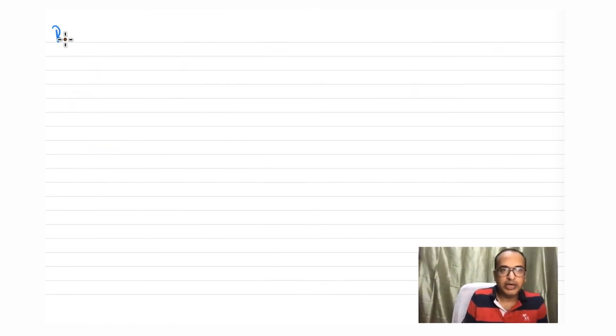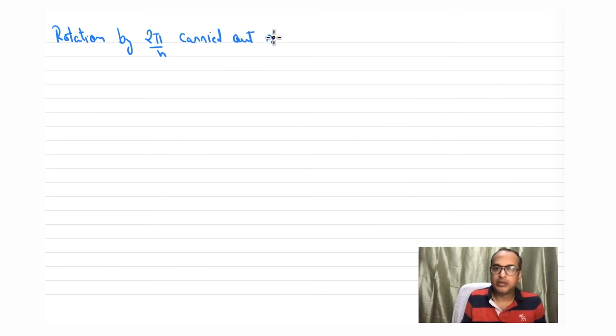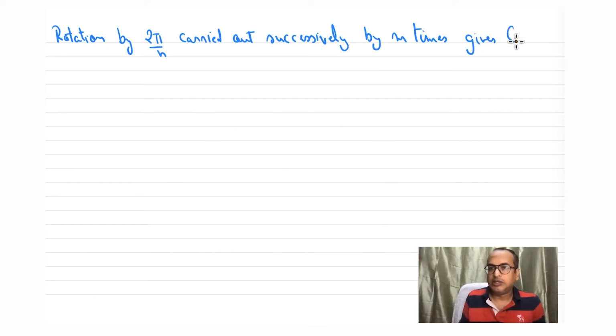So therefore we can now say that rotation by 2 pi by n carried out successively m times gives Cn^m, and if n is equal to m, we get Cn^n, which is equivalent to identity.